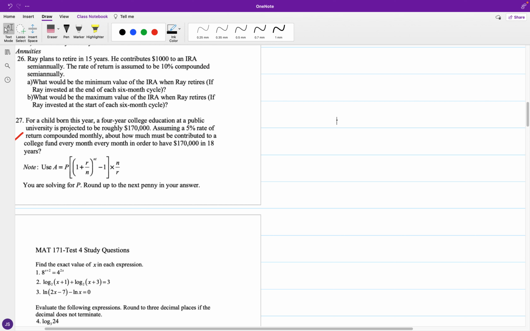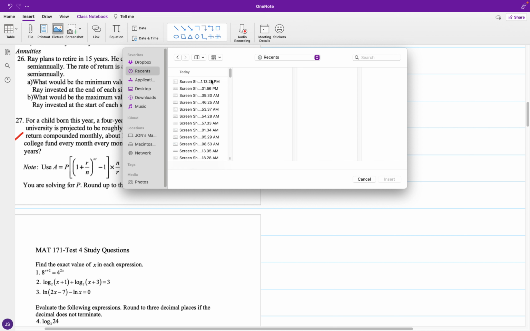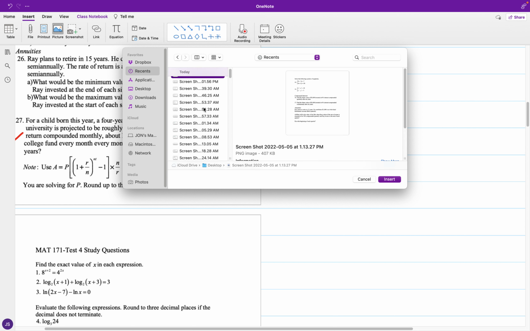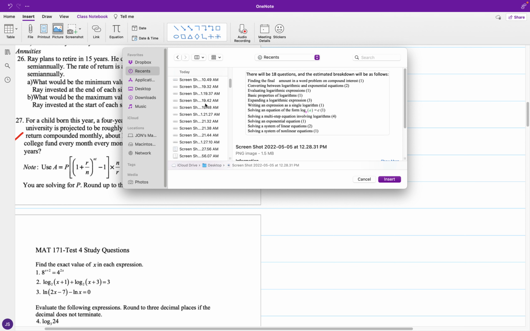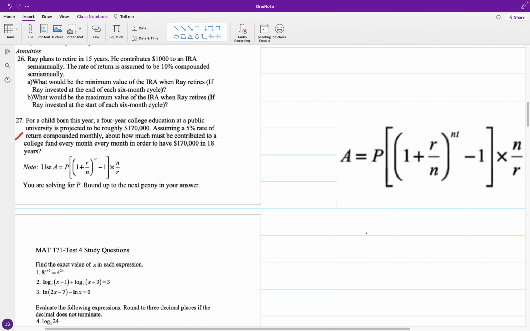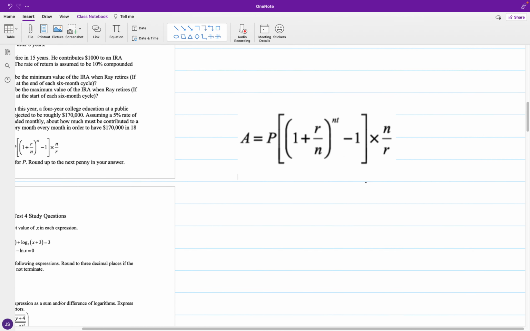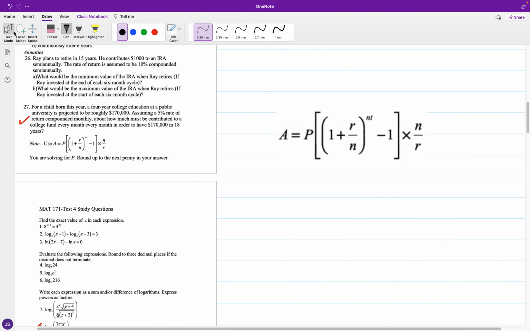So for setting things up, I'll go ahead and put in the formula. In this arrangement, we're looking at where the future value is determined.